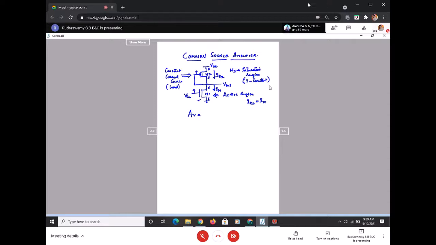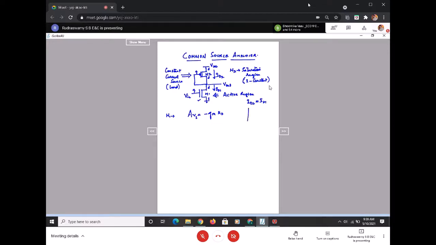So A1, for the M1 transistor, is given by minus GM times RD that I had taken, with the minus sign just to indicate a 180-degree phase shift between output and input. So negative is basically a phase shift.